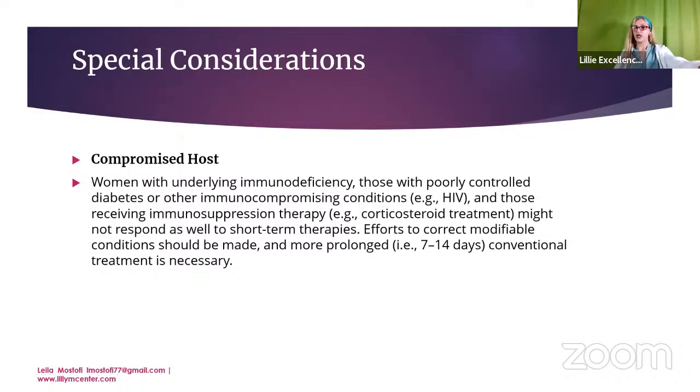And about special considerations. First, compromised host. Women with underlying immunodeficiency, those with poorly controlled diabetes or other immunocompromising conditions like HIV, and those receiving immunosuppressive therapy like corticosteroid treatment might not respond as well to short-term therapies.